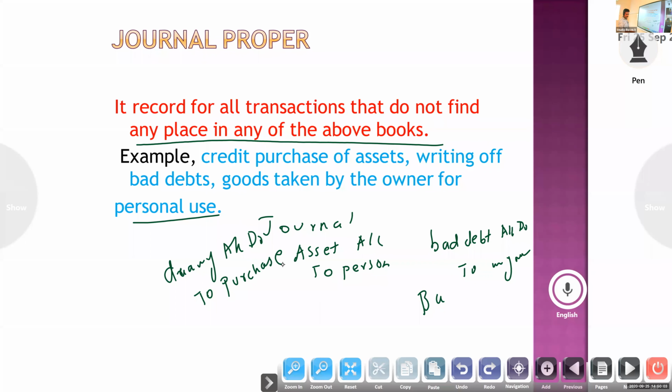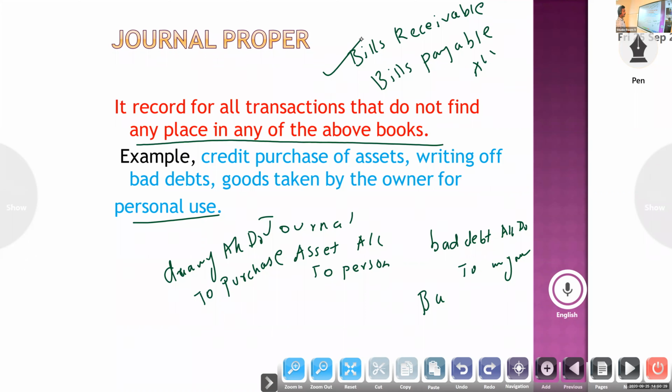Clear? Other than cash book, purchase, sales, purchase return, sales return, two extra books are there: bills receivable and bills payable. Same like the purchase book. Bills receivable means if you sold goods on credit to any person, we will write one bill, a written document.